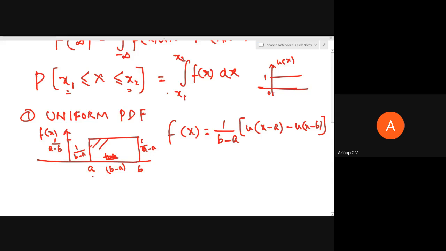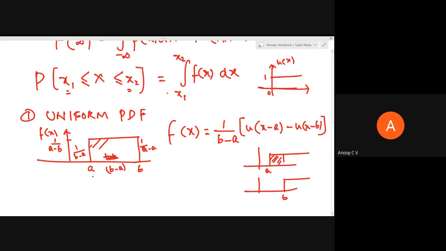For positive values of x it will be equal to 1, and for negative values it will be 0. So u of x minus a will be u of x shifted right by an amount a, and u of x minus b will be u of x shifted right by an amount b. So if you subtract these two, what will you get? You will get this shaded region. So that's the probability density function.